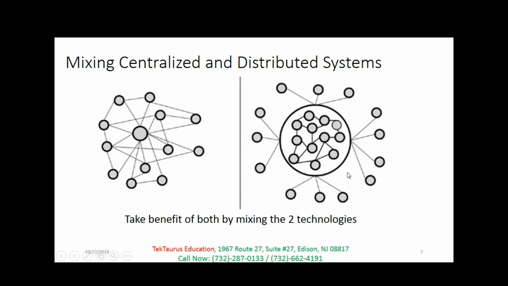On the right side, every node is connected to each other, but we have created a circle in between, such that the servers connected in the circle are peer-to-peer, but the servers or nodes outside of that circle are connected in a central kind of system, in which the servers within the circle play the role of a central system.